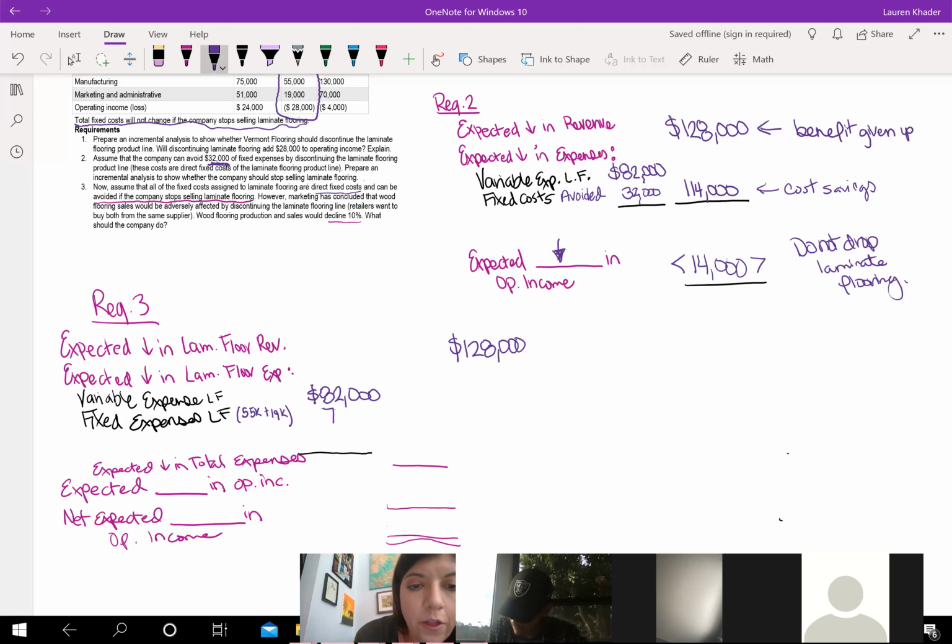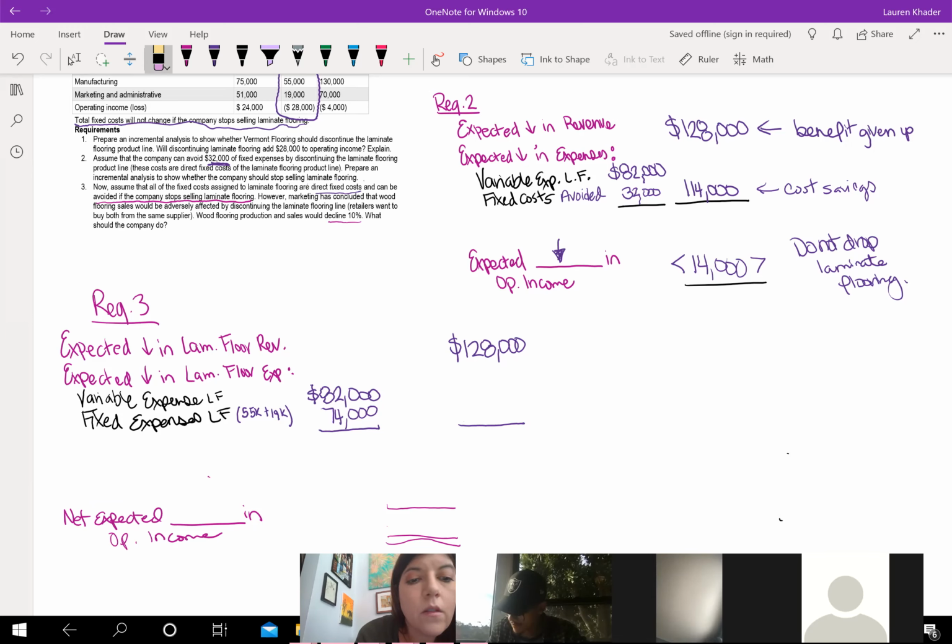So $74,000 in costs that are avoided. Which is going to give us expected decrease in total expenses. So I'm just going to erase that. $156,000.